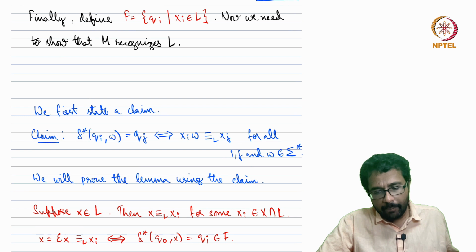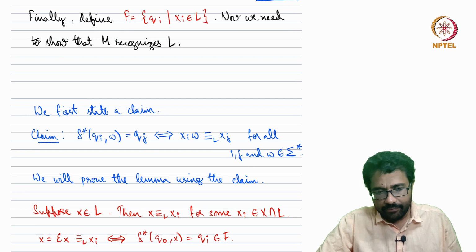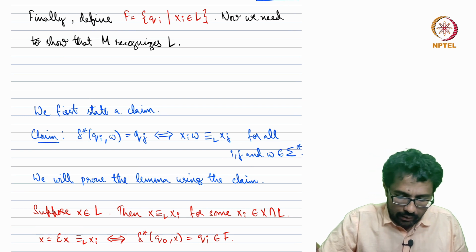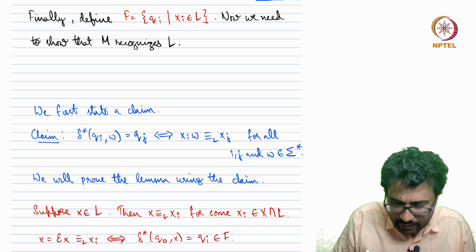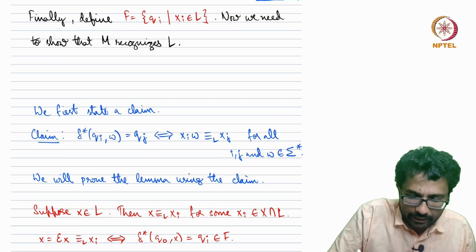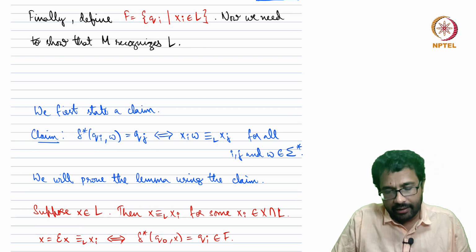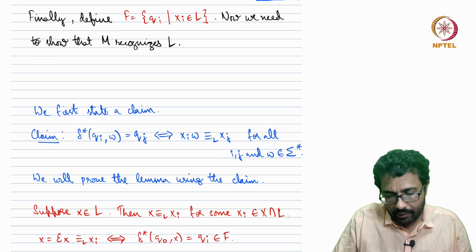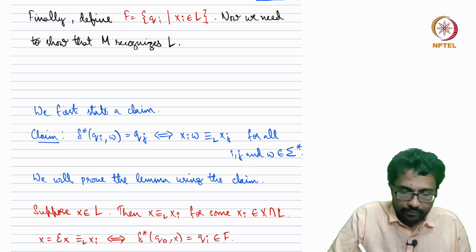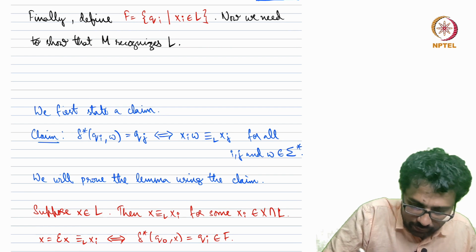The claim is that suppose upon reading the string w from the state qi, you move to qj. So delta star of qi, w is qj.